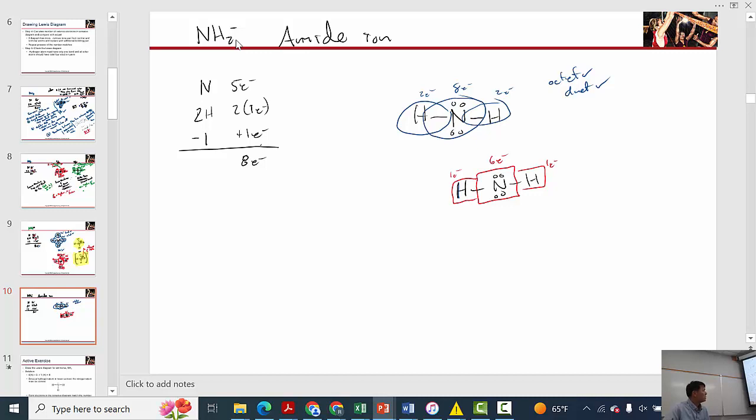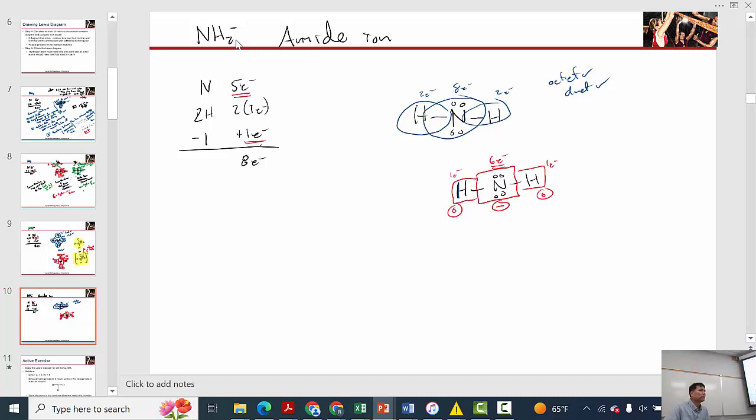So hydrogen got 1 electron in the structure but contributed only 1 electron, so it broke even. But what about nitrogen? Nitrogen ends up with 6 electrons, but how many did it donate to the structure? 5. So it ends up with an extra electron, which means it has a negative formal charge.